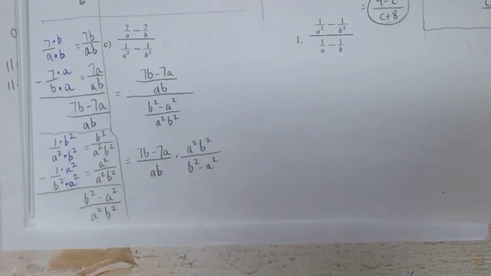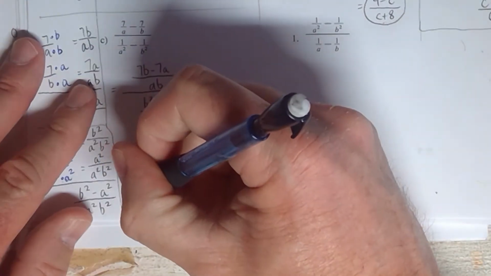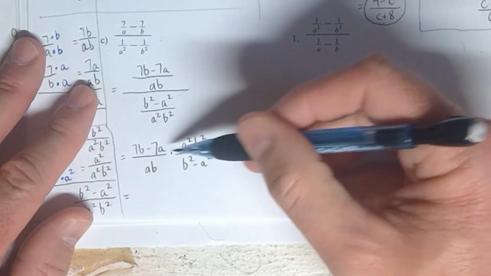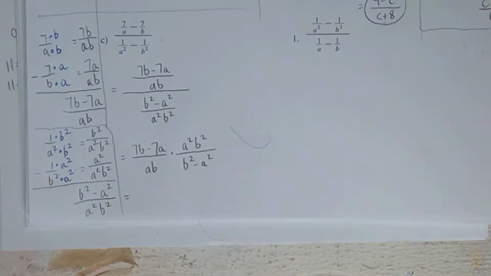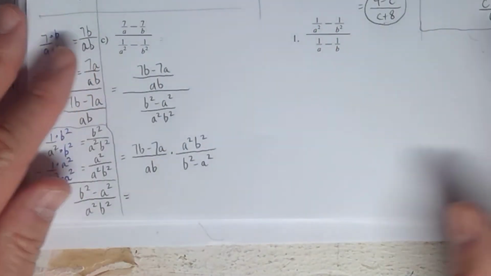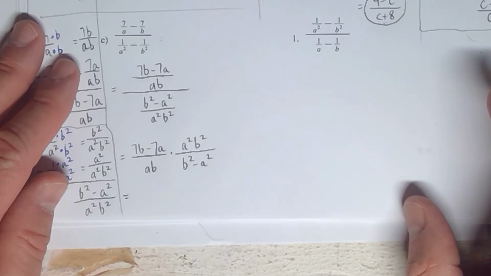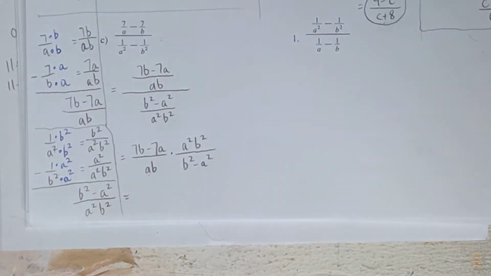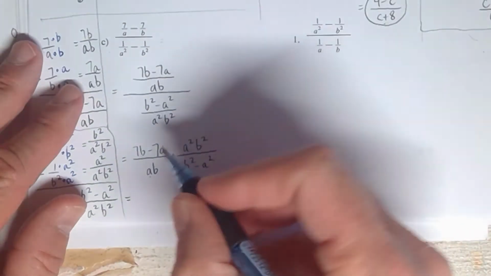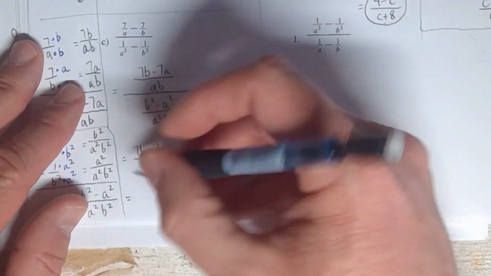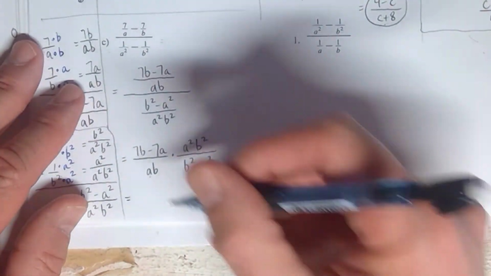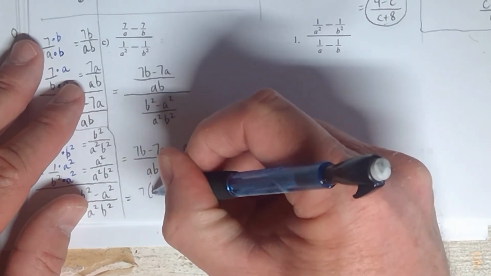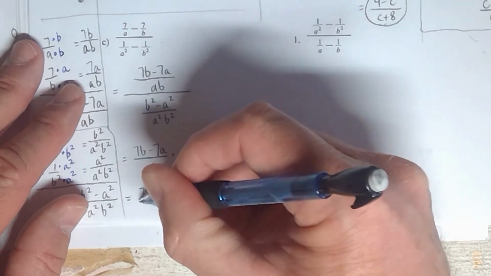Now that it's a multiplication problem and we have more than one term in a couple of the places here, that means we got to go through that whole factoring process. You don't need to factor the a b and the a squared b squared because they are single terms. But these other two things you do. This is a GCF right here when we factor. There's a 7 in there. Factor that out, we get this right here.